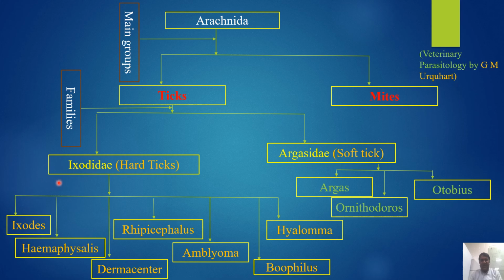The Ixodidae family has the following genera: Ixodes, Haemaphysalis, Dermacentor, Rhipicephalus, Amblyomma, Boophilus, and Hyalomma. The Argasidae, the soft ticks, include Argas, Ornithodoros, Otobius, and the other group is the mites.